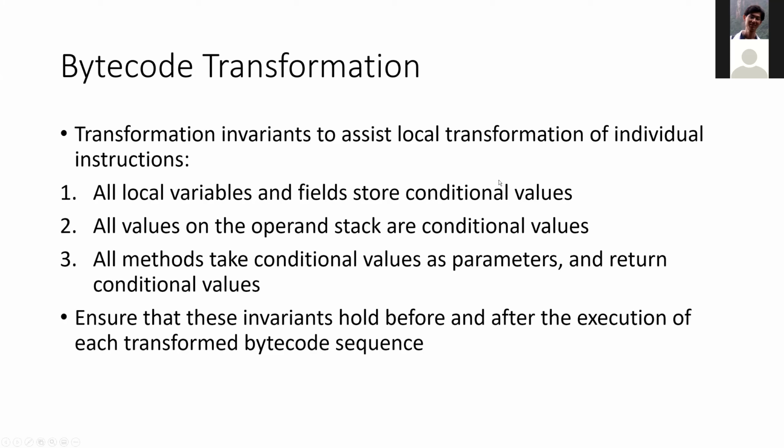No, the conditional value is basically the possible values for that variable. Possible values. Like for example, just now the string C has multiple possible values, right? What do you mean? Because in this sentence, all local variables and fields store conditional values. Storing, you mean this is about... so this is a noun? Is this an expression or a sentence?